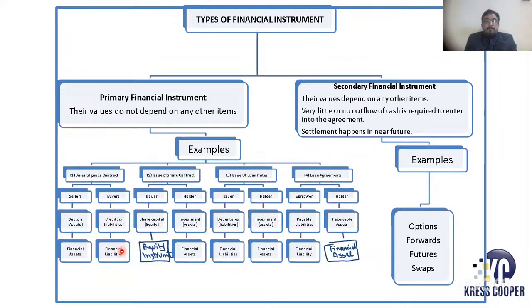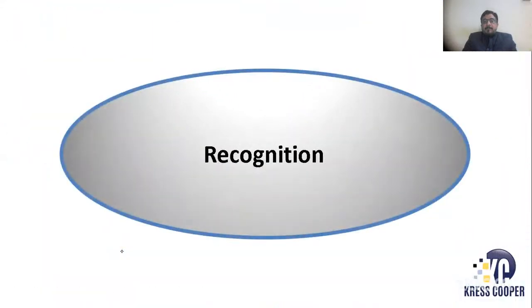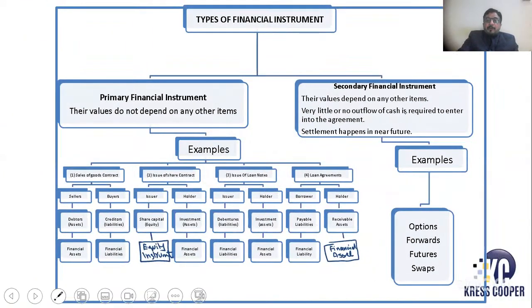In the same way, when we issue share capital, that share capital is an equity instrument, and the entity who buys or holds it has a financial asset. The same goes with loan agreements and loan notes.